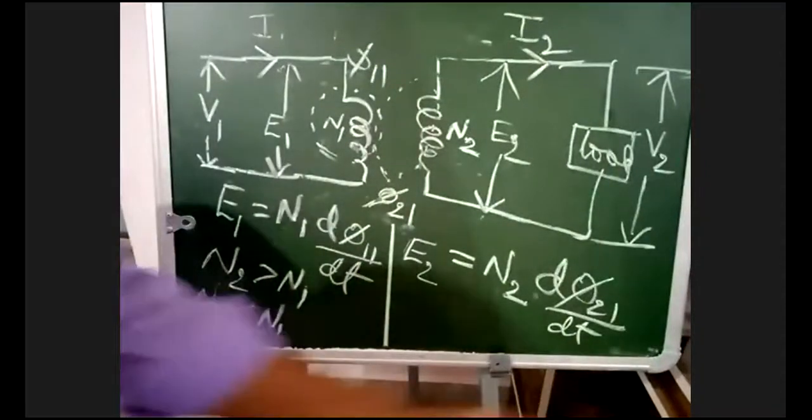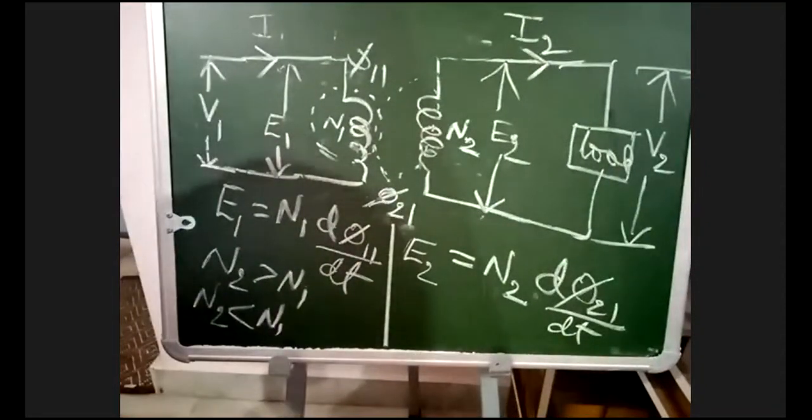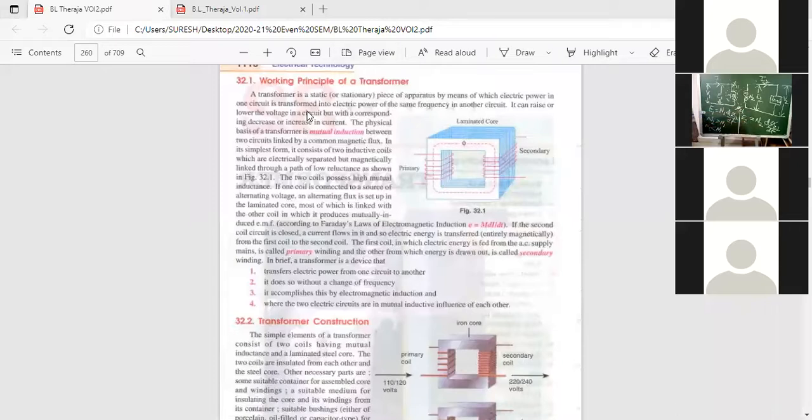That's why the principle in transformer is mutual induction. That's all about the principle in transformer. Next we'll go to the next concept. There is no need to explain; only one point you write here, mutual induction. See on the screen, the principle in transformer is mutual induction. Okay.